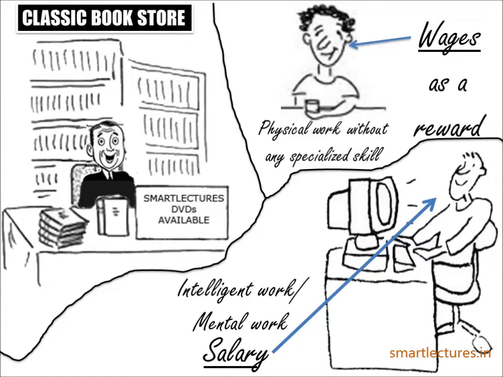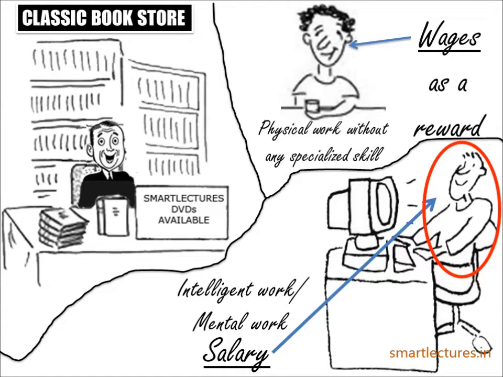So be careful. Suppose you start some business and you engage two persons. One person who will serve you some water or something like that, and another person will do the computer job.